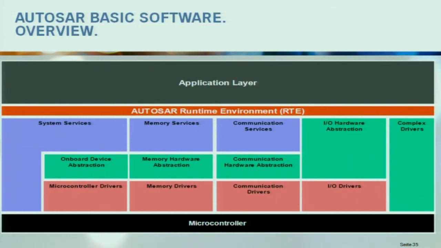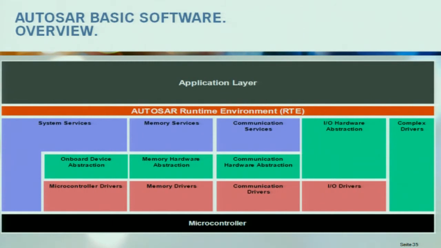So now let's have a closer look at the details of AUTOSAR. As I promised you, AUTOSAR has a little bit more layers than only three. What you can see here is, at the bottom, the microcontroller. And we have several layers on top of it. The first layer is typically called the hardware abstraction layer.